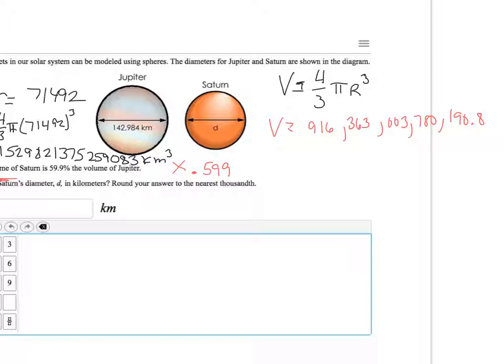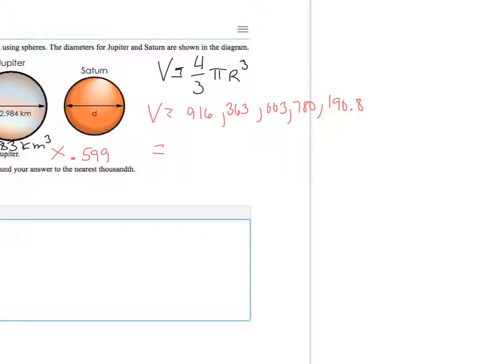So now we know that is going to equal 4/3 pi r cubed. So if I basically take that number and set it equal to 4/3 pi r cubed, I can solve this equation. So what I'll do is divide both sides by 4/3 pi.